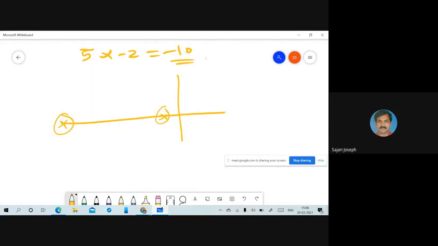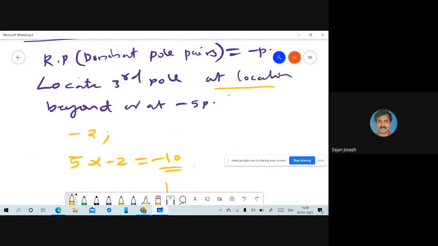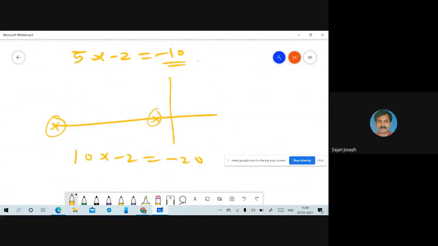In our case, we have placed it at 10 times minus 2, that means minus 20.